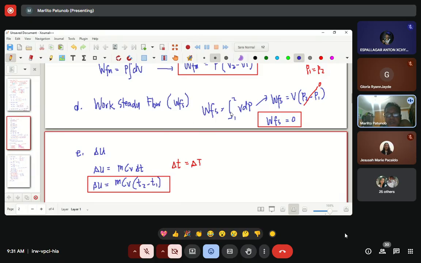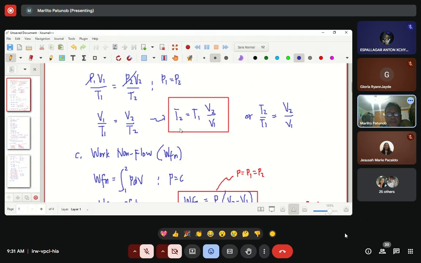Here it's the negative integral. That is negative, okay?